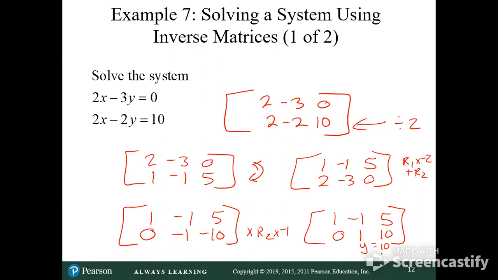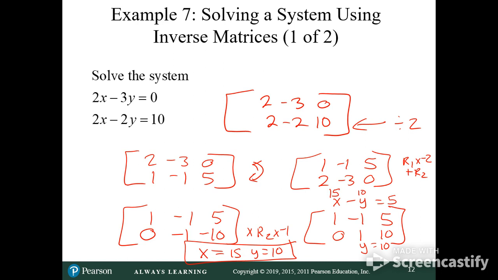So if I know y equals 10 and I plug it back into here, the top row says x minus y equals 5. So if y is 10, x must be, what minus 10 is 5? 15. So if I take 2 times 15 minus 3 times 10, that's 30 minus 30 is 0, right? It solved my equation. If I take 2 times 15 is 30, minus 2 times 10 is 20, which is 10. It solved my equation. Okay? So we must know x is 15 and y is 10.